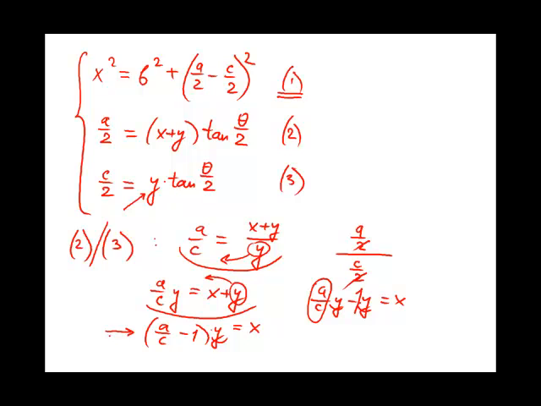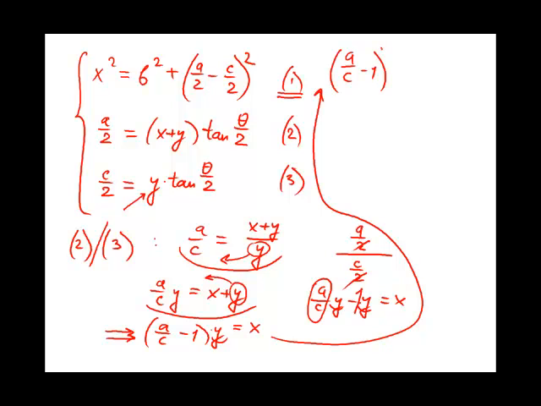So, I take the square of this equation for both sides. What do I get? I get this. Let me move up here. I get a over c minus 1, squared, y squared equals x squared. Okay? I raise this equation to power 2.